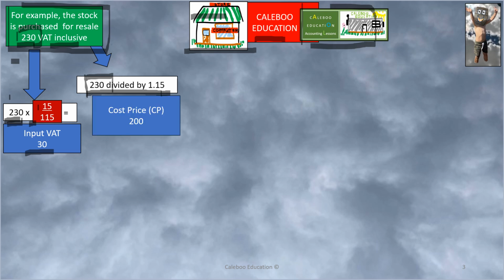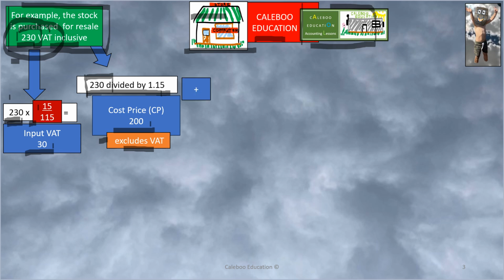And there, that gives me the cost price excluding VAT of 200. So the 230 that I paid for the stock has now been divided into the 30 input VAT, and I now have the cost price of the item I bought for resale, 200. And remember, very important, the cost price excludes VAT.